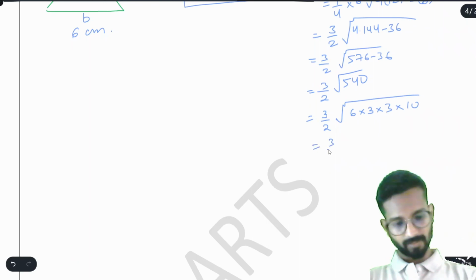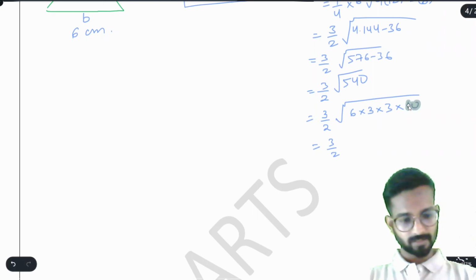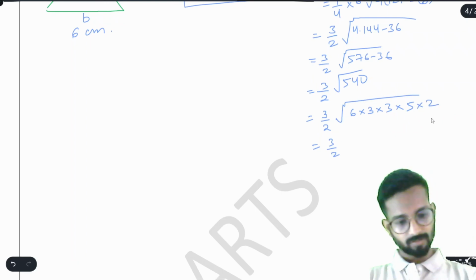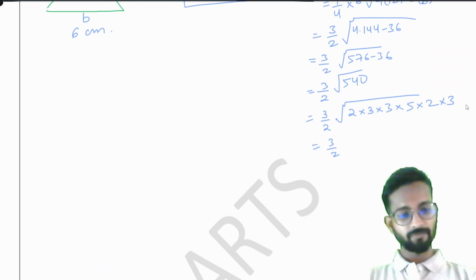So 1 3 can come out, or you can say 10 also we can write as 5 cross 2. For 6 also we can write here 2 cross 3. If you can see, this will become 540.